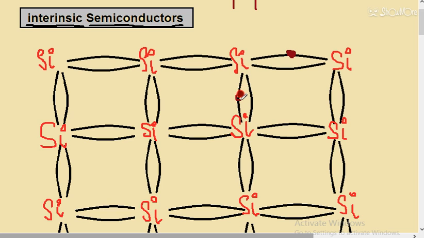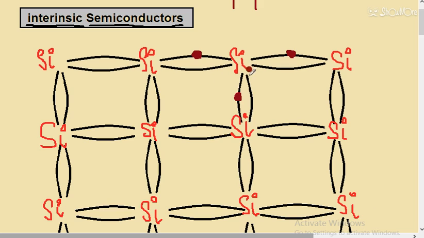This is the second electron, these are the valence electrons of this silicon atom, this is the third one. In the same way, every silicon atom has 4 electrons. I will first explain one silicon atom.